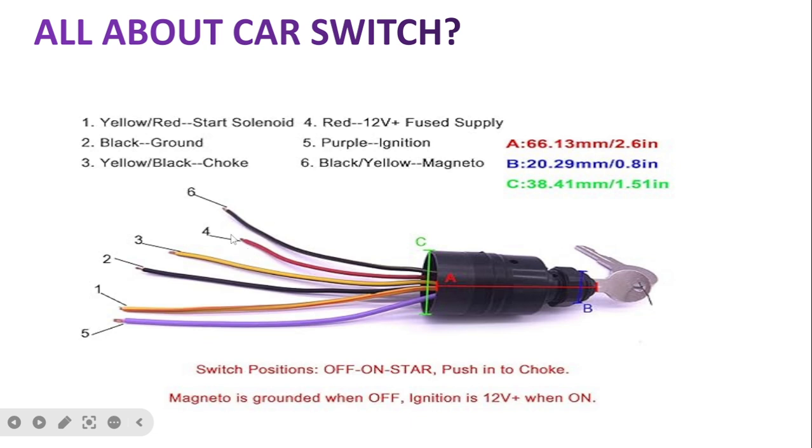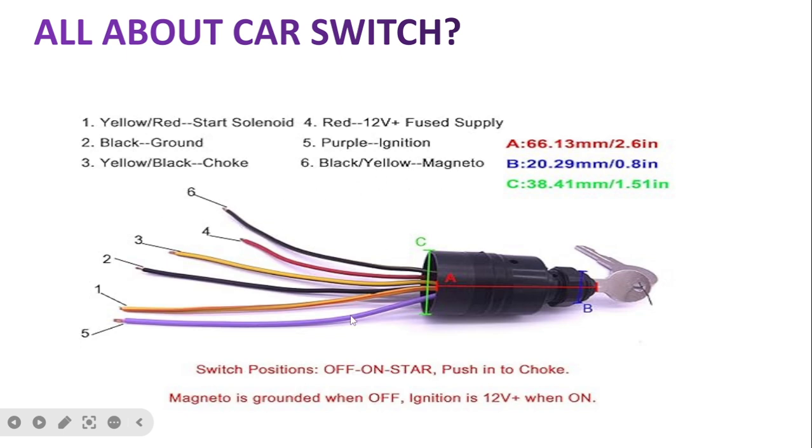The fifth is purple, which is used for ignition purposes, connected directly to the ignition coil. I showed you some images and explained some theory about the ignition coil. Now you know very well what ignition is and its purpose in running the engine. And the sixth is black yellow magneto.